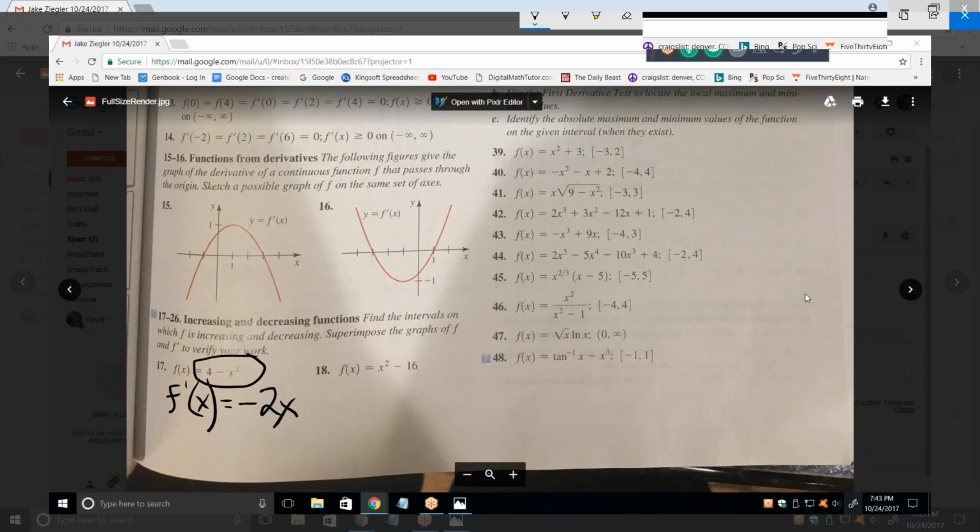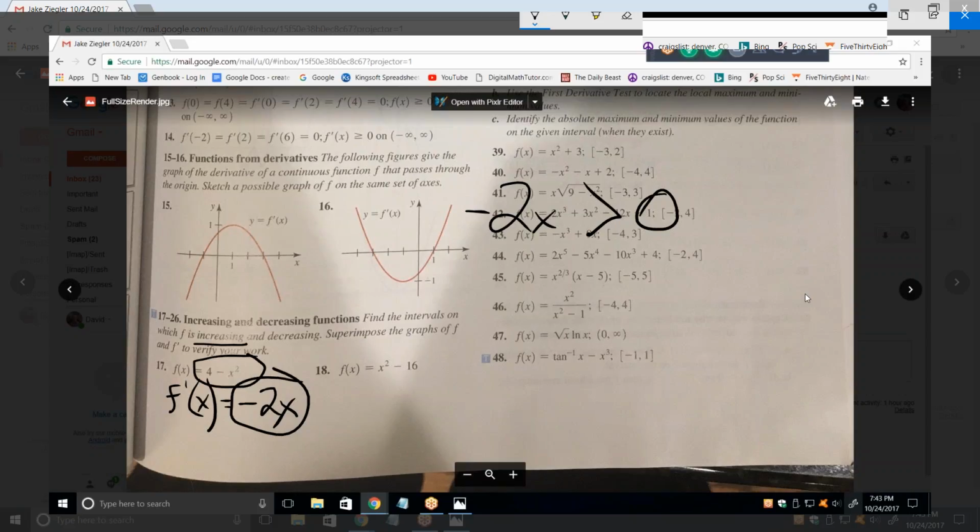We set it equal to 0. No, it's increasing when this is greater than 0. So minus 2x has to be greater than 0. Solve that inequality. It would just be x is greater than 0.